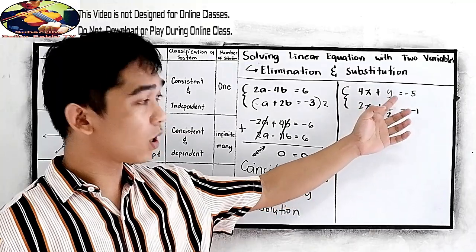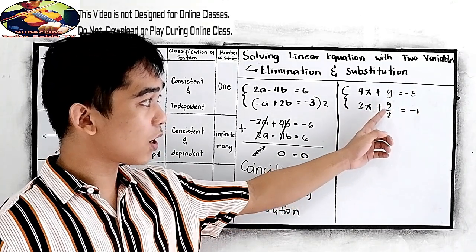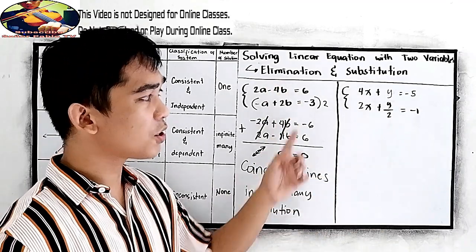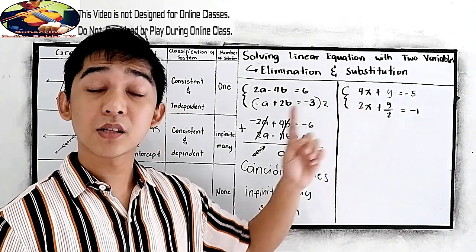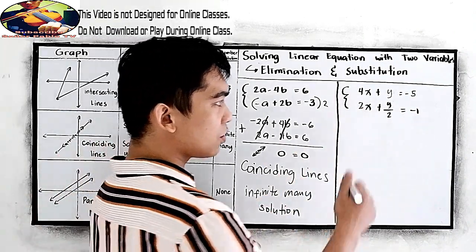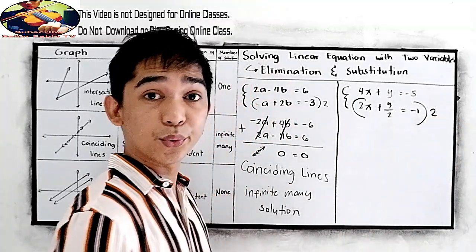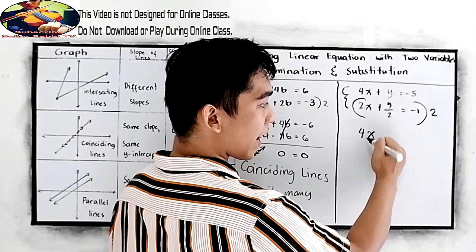4x plus y is equal to negative 5. And equation 2 is 2x plus y over 2 is equal to negative 1. Using the elimination method, our coefficient for x must be the same. So all we need to do is multiply equation number 2 by 2. So 2x times 2 gives us 4x.